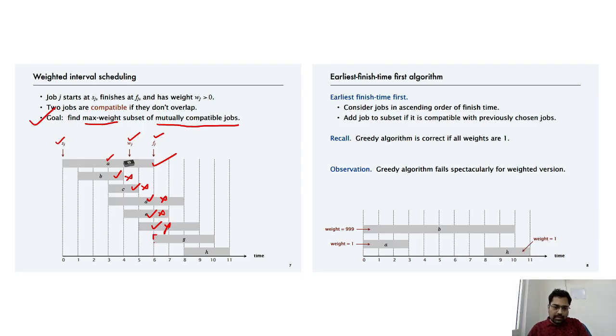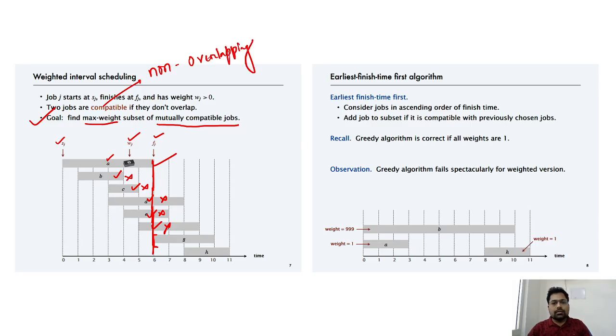Then we will pick G. Why? Because the finishing time here is equivalent to the starting time of the next task, or else the starting time should be greater than the finishing time of the previous task. Only then can we say they are not overlapping. If not overlapping, then we say it's compatible. Compatible means non-overlapping.